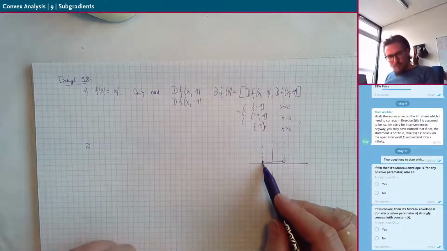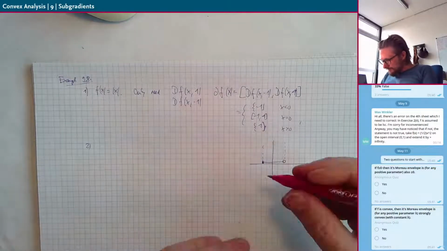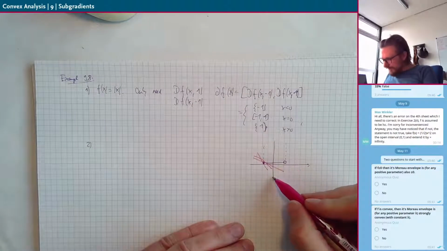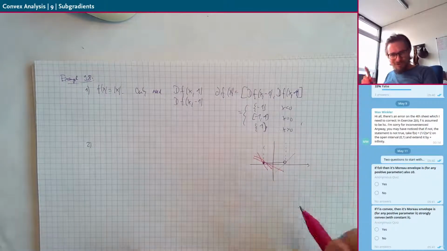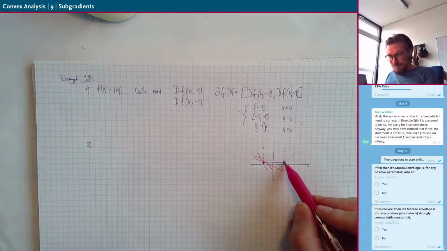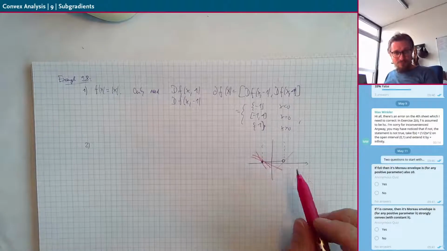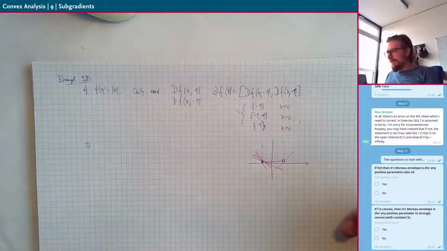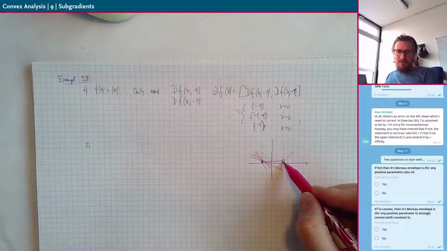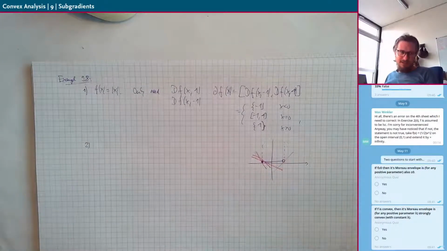Then at this point, again, you have a lot of subgradients as we had before. But at that point, of course, we have supporting hyperplanes, but they do not touch the graph at the point, because the point is not there. The function value is plus infinity. So at this point, there's actually no subgradient. But it's also not a problem. It's also by definition, because this point is not in the domain. For points not in the domain, why should there be a subgradient at that point?